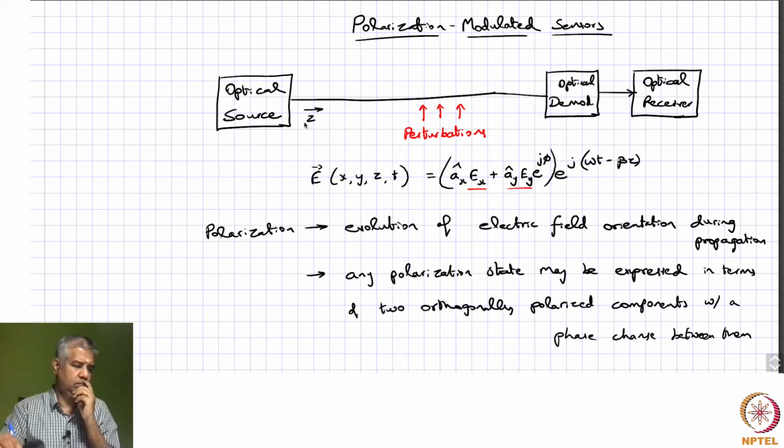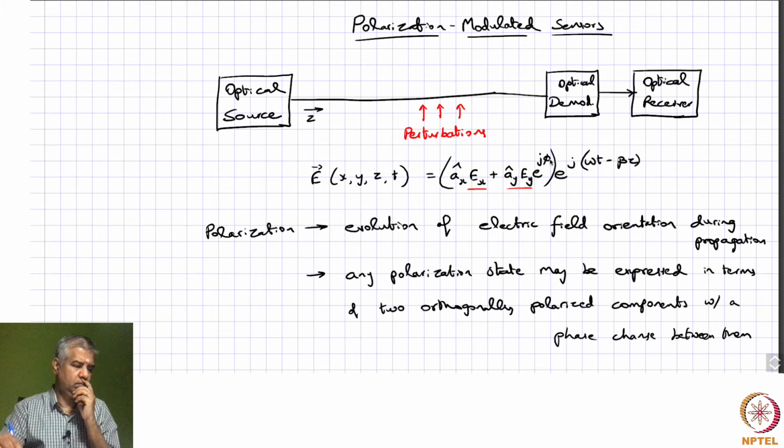And your y component maybe has the same frequency and same phase, but it might have a different amplitude. So your y component might be something like this, evolving like this. So this is Ey, and this is your Ex component.